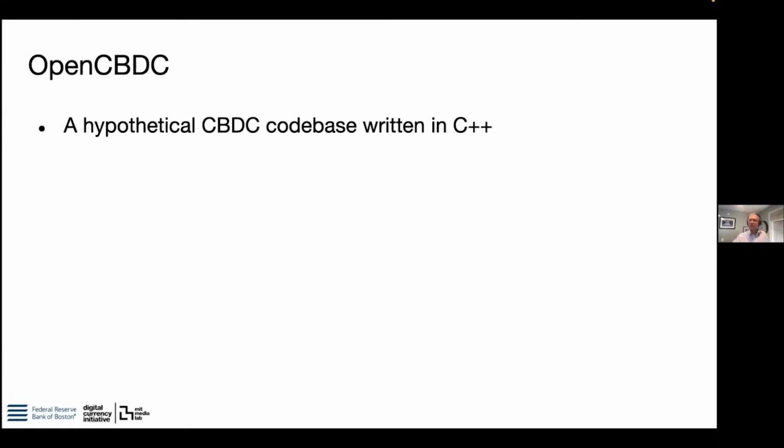So this is a C++ code base that implements a hypothetical CBDC. It's important to stress that the target here is not a production system. We're building a research code base to learn. And so that's what we've been building. We ended up with two solutions to that. A system which we call the Atomizer, which reaches about 170,000 transactions a second.